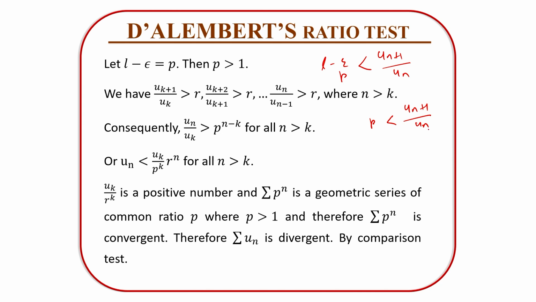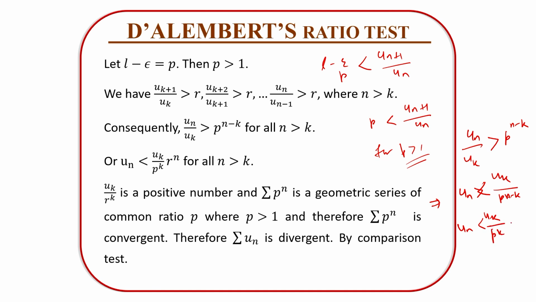So for p greater than 1, u(n) divided by u(k) is greater than p to the power n minus k. Exploring this inequality, u(n) is greater than u(k) divided by p to the power n minus k, and again you will have u(n) is greater than u(k) divided by p to the power k, into p to the power n.